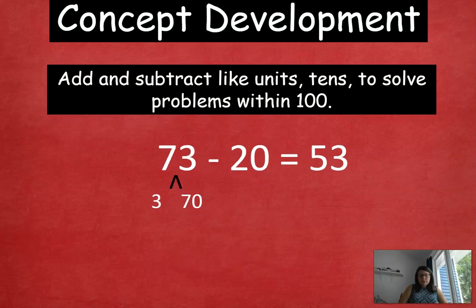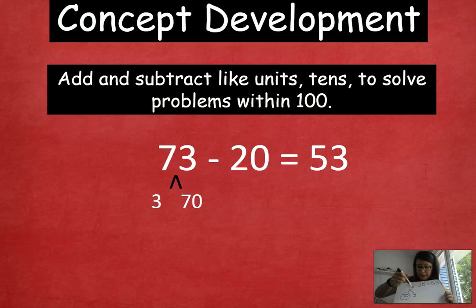Okay, they broke this one down for you. So go ahead and draw this out or try and solve it. I'm going to solve it using the number bond, like they did. 73 minus 20. So they're breaking down the 73 into tens and ones. Now, the 20 is a group of 10.